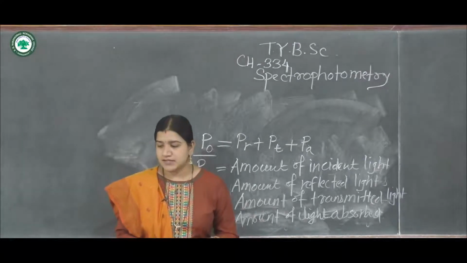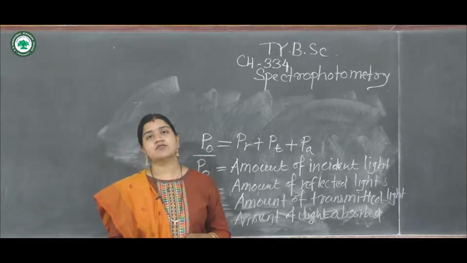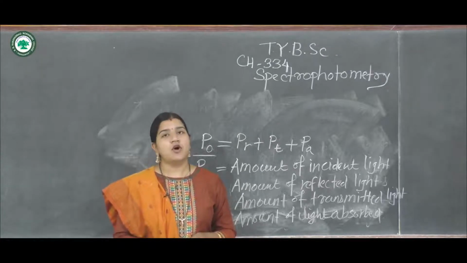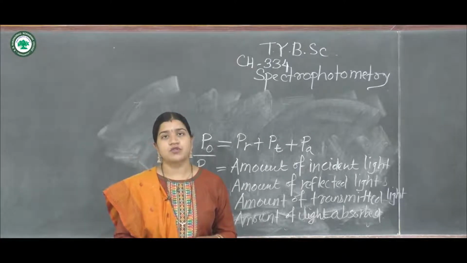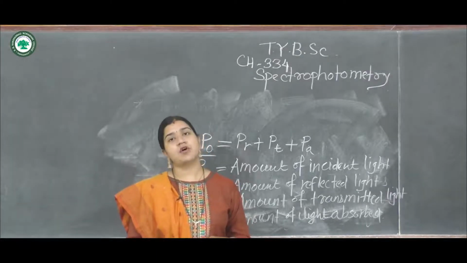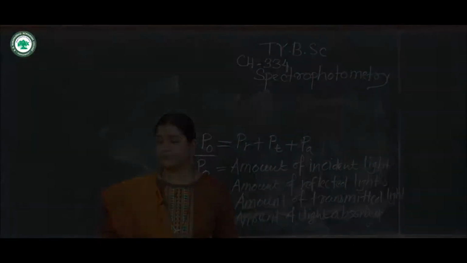Considering this incident radiation passing through a medium having a concentration C and path length B, three laws are put forth, which are known as the laws of photometry. So we will discuss the fundamental laws of photometry.